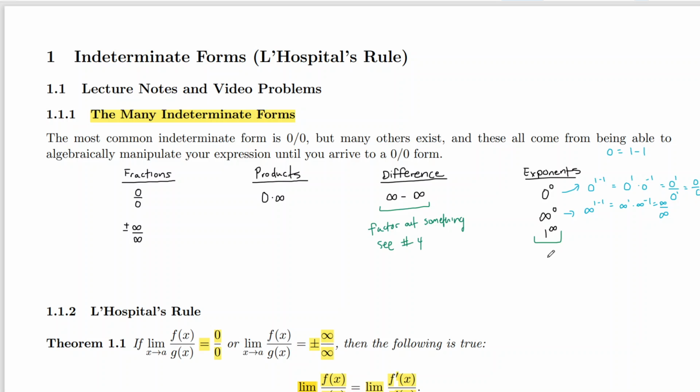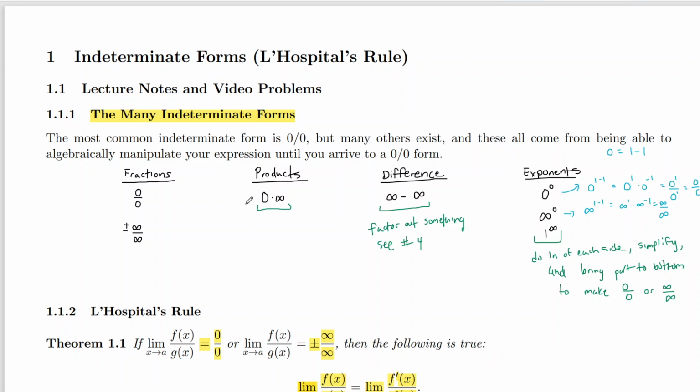What we do is we take the natural log of each side, simplify, and we also got that form where, as we were going through, we got 0 times infinity, and we had to bring a part to the bottom to make 0 over 0 or infinity over infinity.